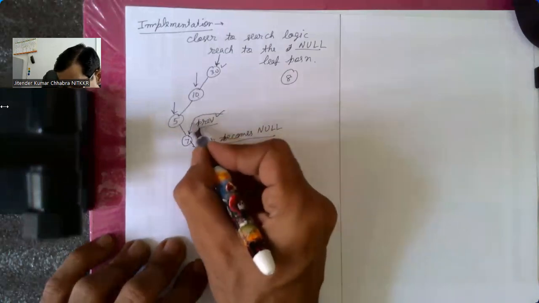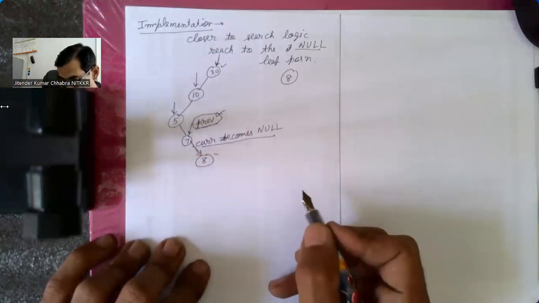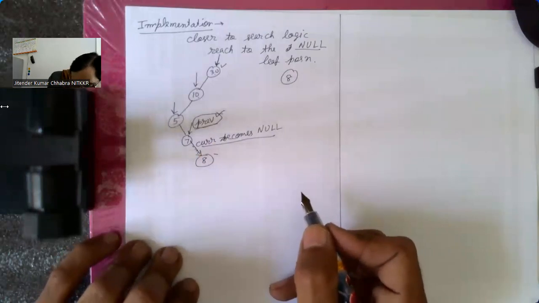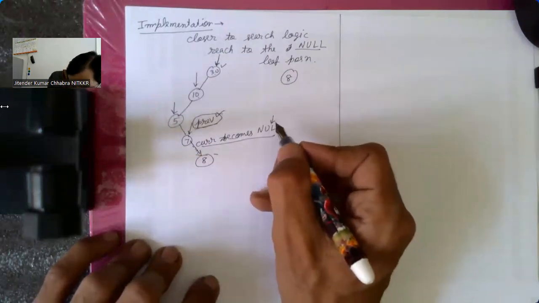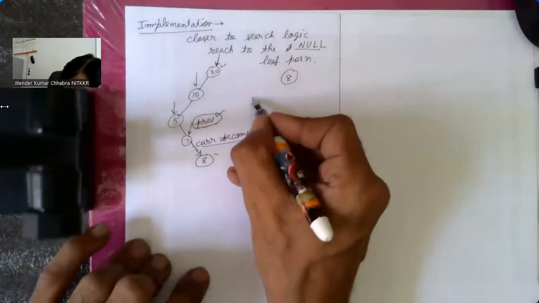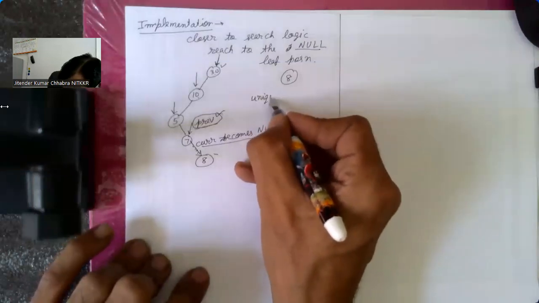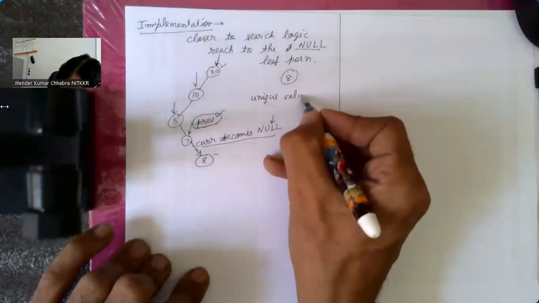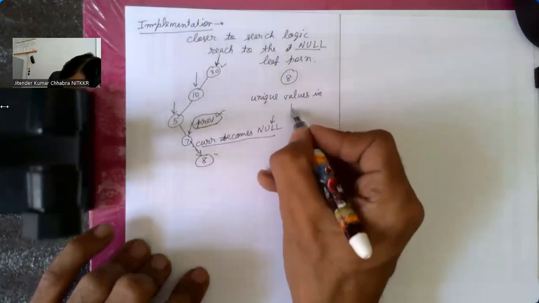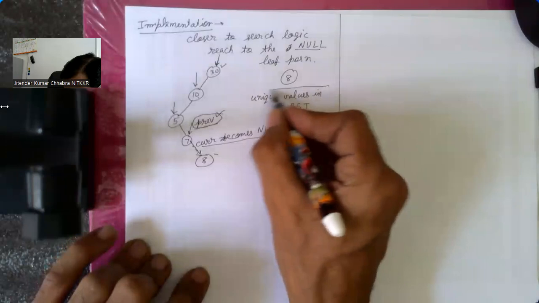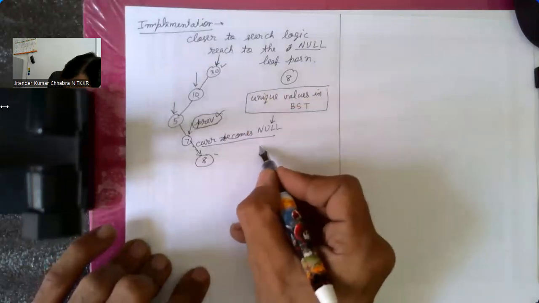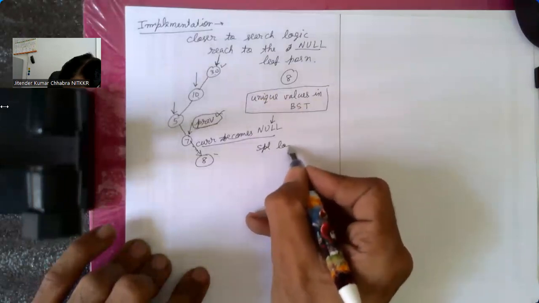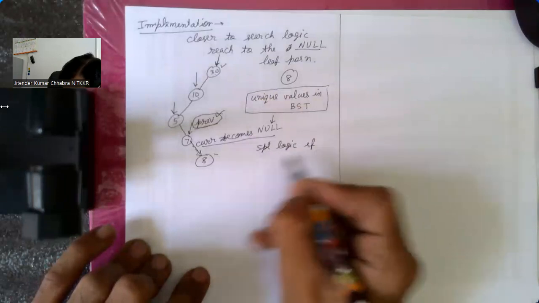So with the searching logic, I need one extra pointer, previous, because you will reach the null location. Secondly, unique values only will exist in the tree in BST. Duplicate values don't exist. If I want to handle duplicate values, special logic will be needed.